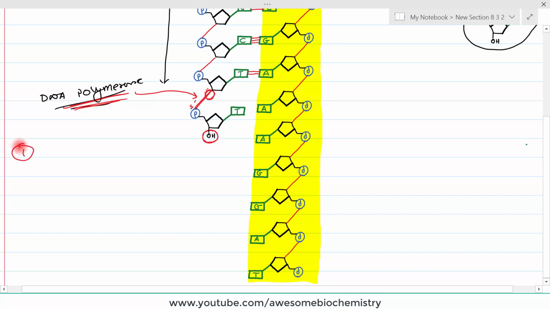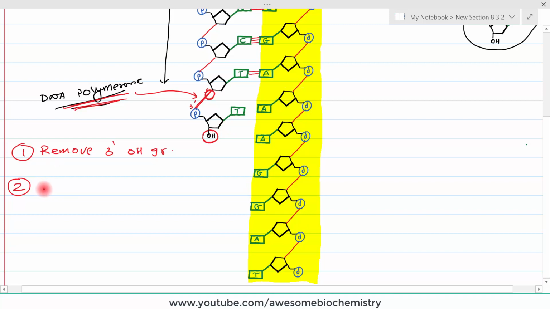The first thing is you can remove the 3' OH group. Or the second strategy can be, instead of removing the 3' OH group, you simply replace this 2' deoxy sugar with something else. It might be a substituted sugar, or it might be something other than sugar.